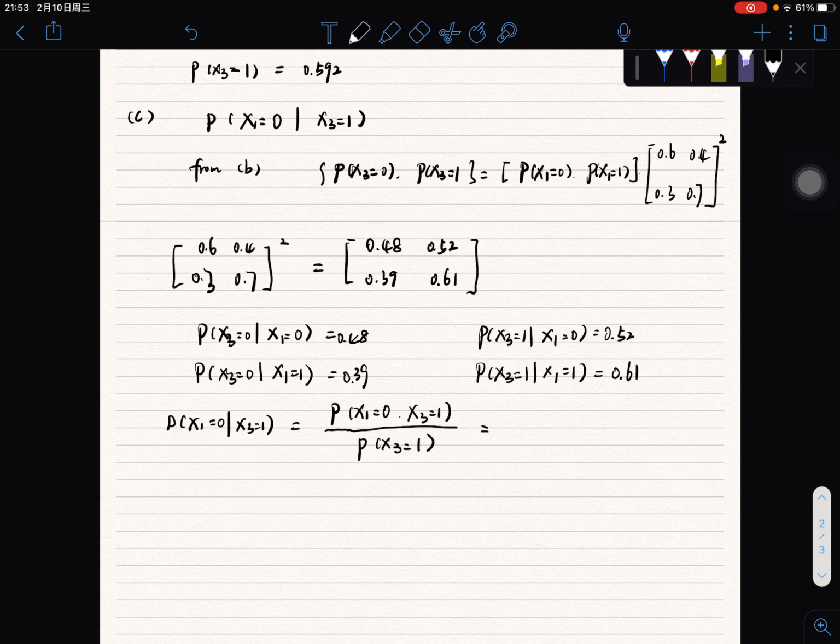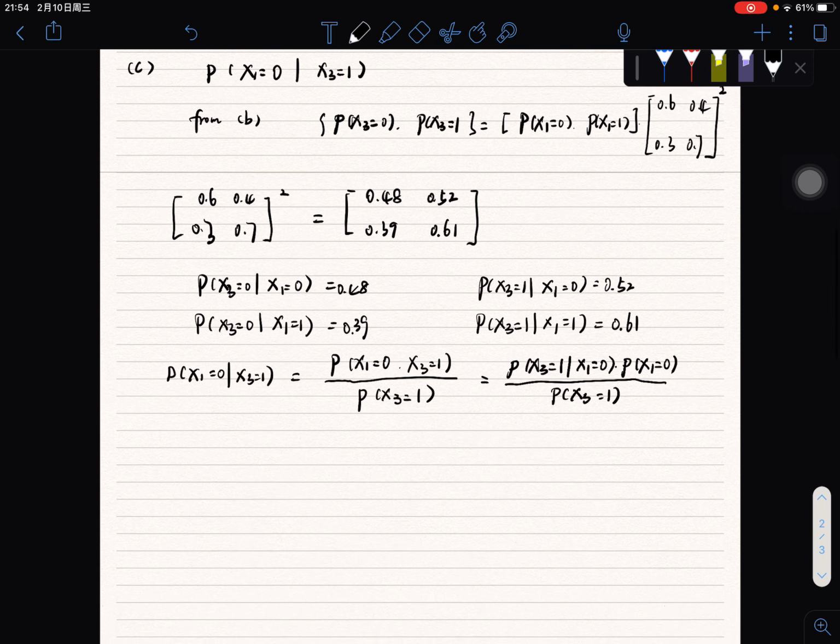And then we can calculate the probability of x3 equals 1 under the condition of x1 equals 0, then multiply by the probability of x1 equals 0, and then divide by the probability of x3 equals 1.